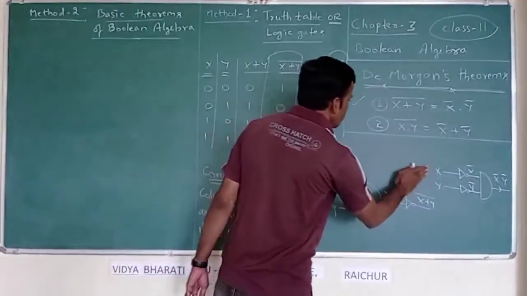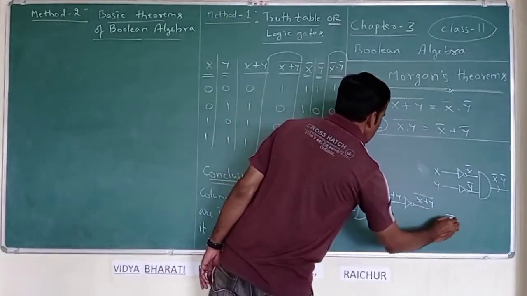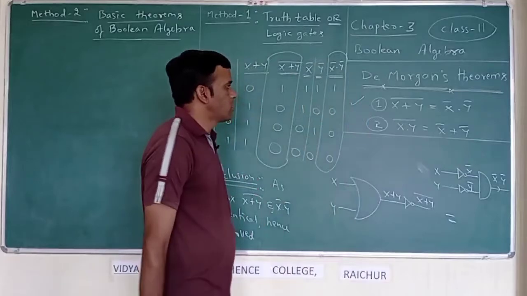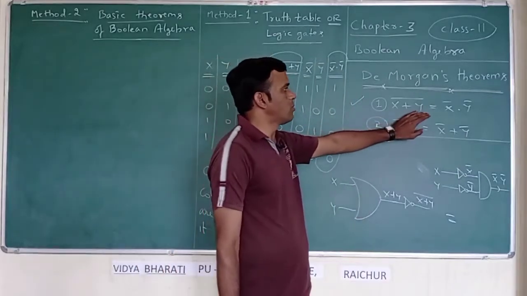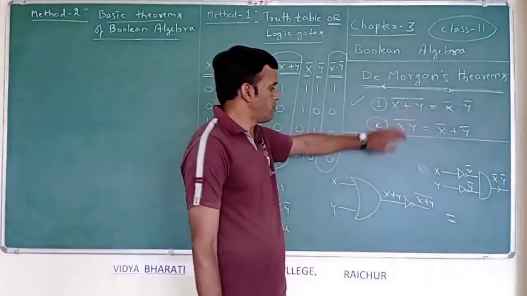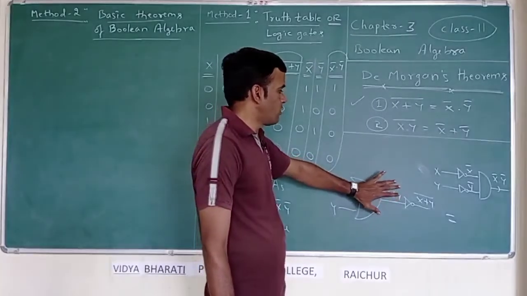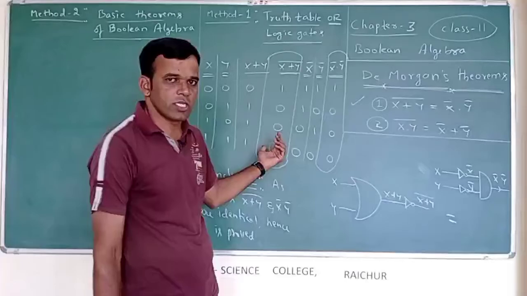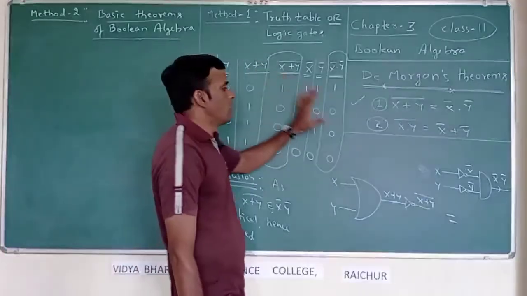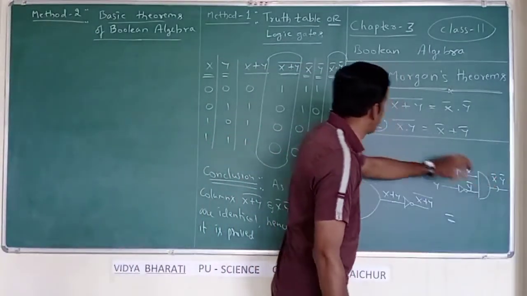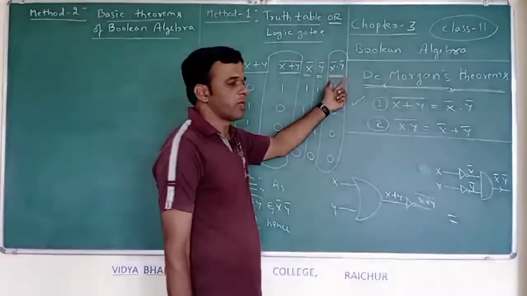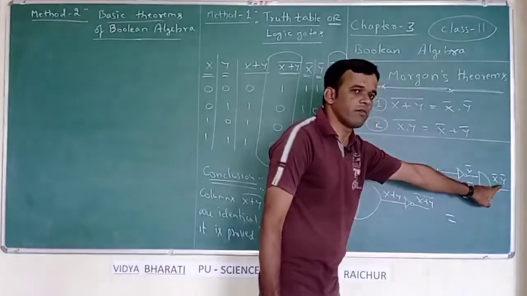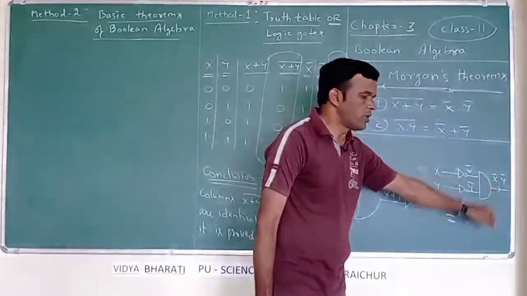So this is the gate representation for the first De Morgan's theorem. For this, x plus y whole bar is the result in the truth table. And for this part of the logic gate, the final outcome of this construction is x bar into y bar.